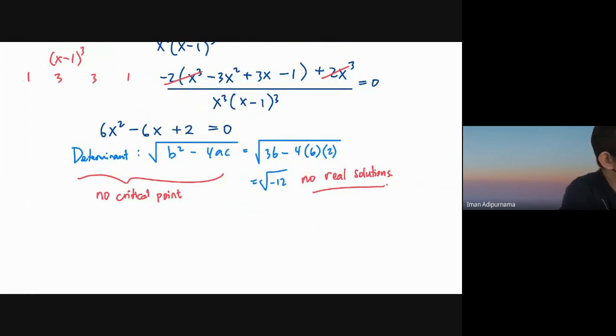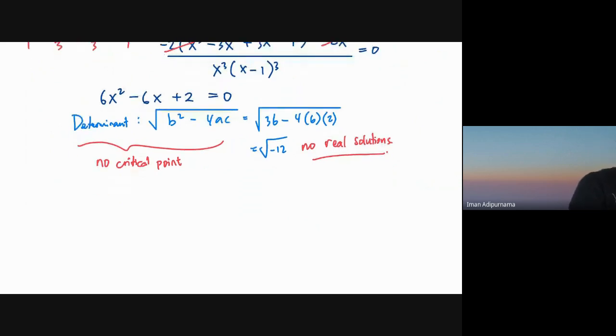But we still need to check the increasing or decreasing, right? How to check? We can take the number line and check the x values that we are already suspicious of, the asymptotes, which are x equals 0 and x equals 1.